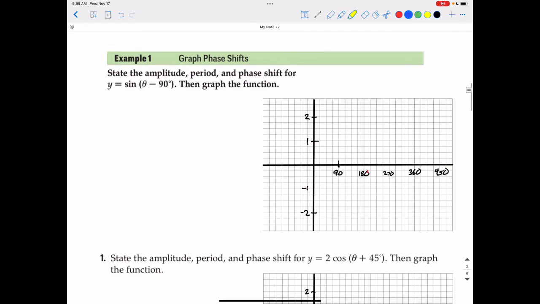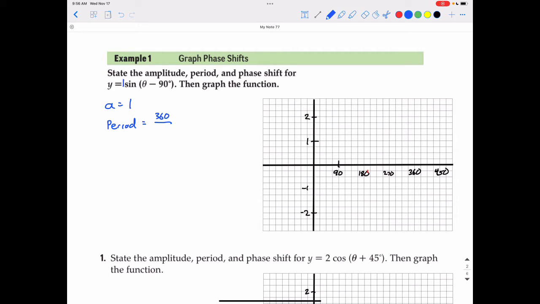So example 1 is state the amplitude, period, and phase shift for y equals sine of (theta minus 90), then graph the function. Starting with the amplitude, it is just 1 because I don't see anything in front of the sine, so there must be a 1 there, so an amplitude of 1. The period, we will still use the period rules for sine and cosine, which is 360 degrees divided by the b value.